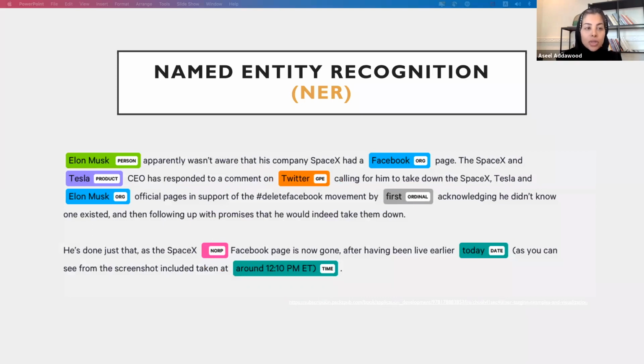It is about how I can understand and extract the entities out of the wordings that we have. For example, Elon Musk as a person, Facebook as an organization. Do I mean today is a date? How can I distinguish between Apple, the organization, and Apple, the fruit?